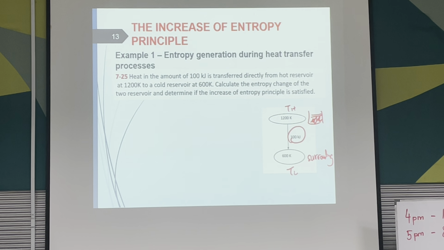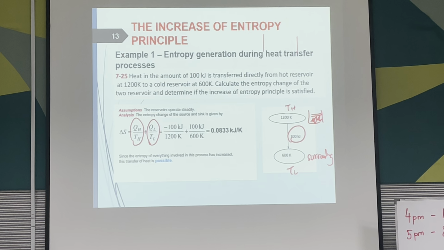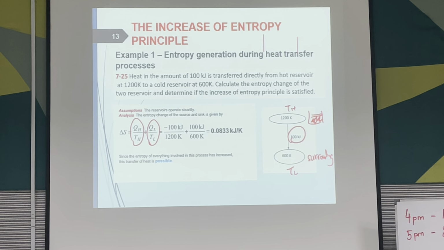So if you calculate the overall change in the entropy, you get QH over TH. You also get QL over TL. These two Q are the same value, but the temperature is not the same. Same value, but not the same direction.